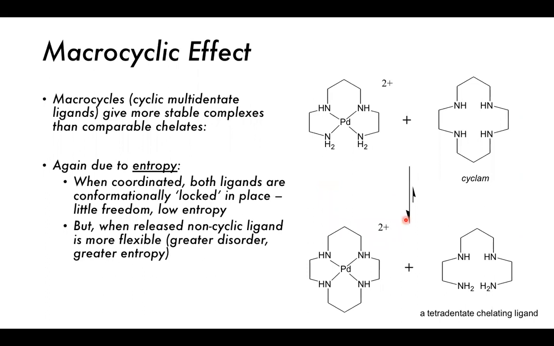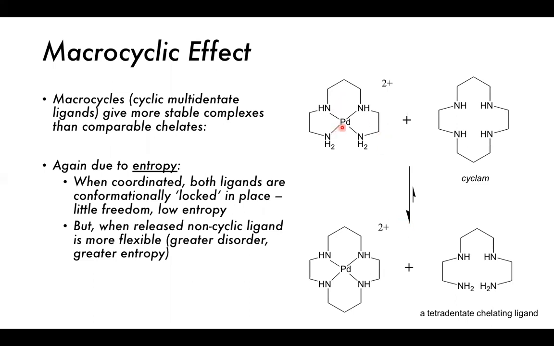The macrocyclic effect is part of how some of the chelating ligands work. If we compare two ligands, where one is a macrocycle and the other is open, then the macrocycle is generally going to give more stable complexes. This is usually due to entropy.